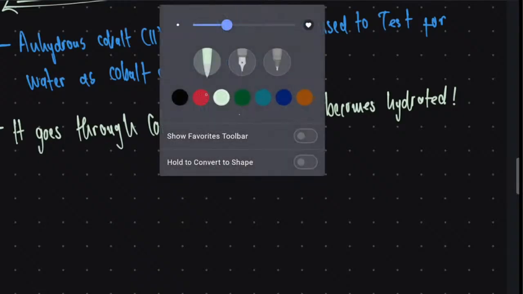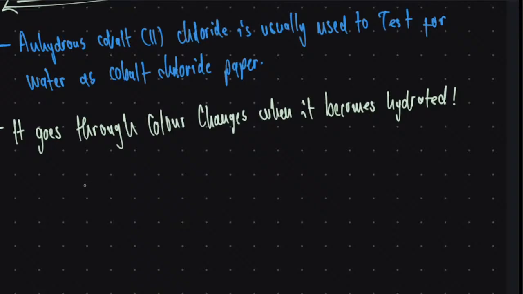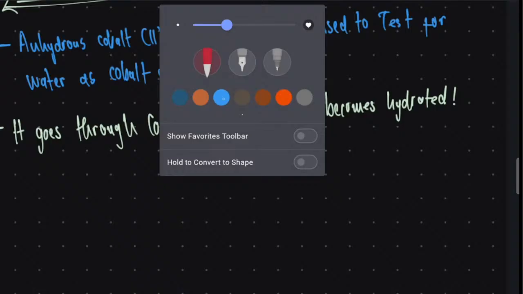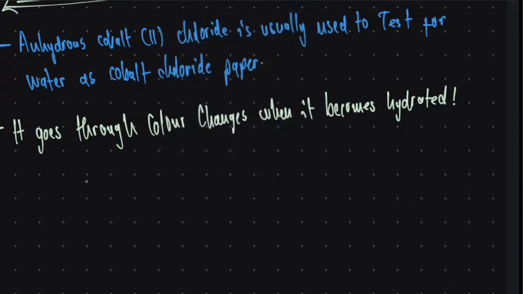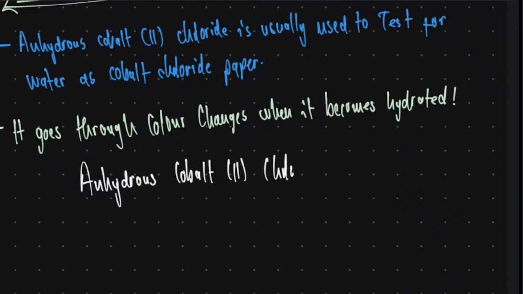Anhydrous cobalt 2 chloride, let's put. Okay, I need to put colors that I'm sure everybody can see. Anhydrous cobalt 2 chloride, you can just say cobalt chloride is blue.